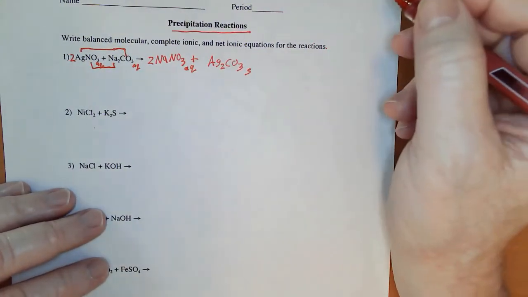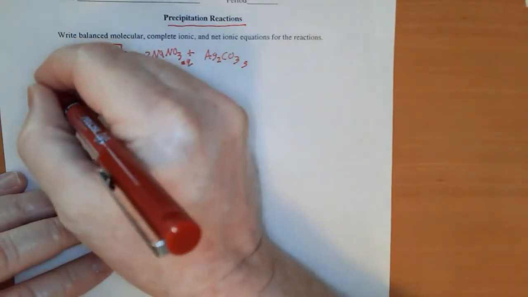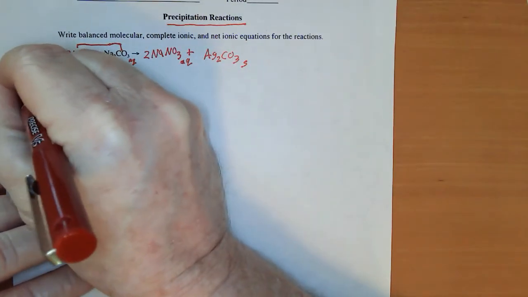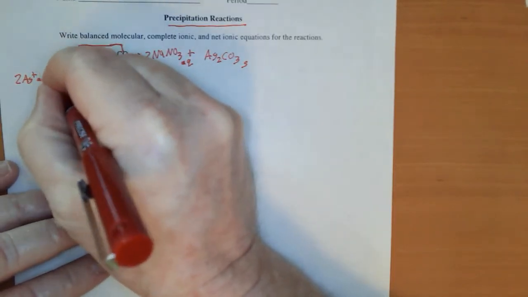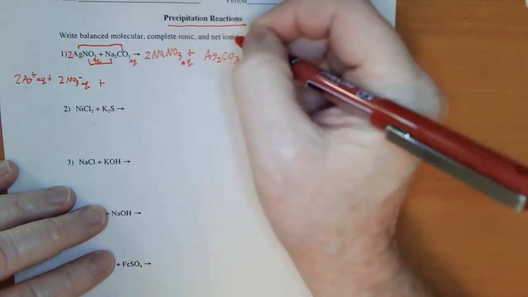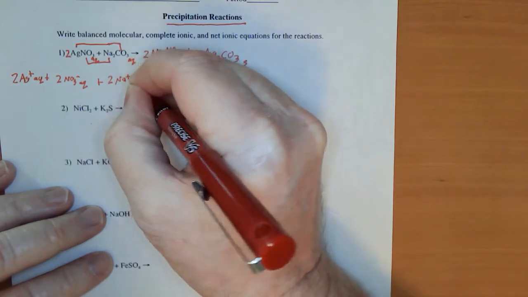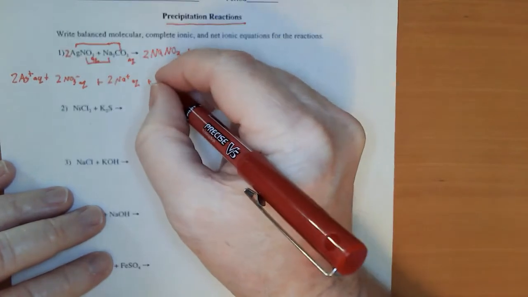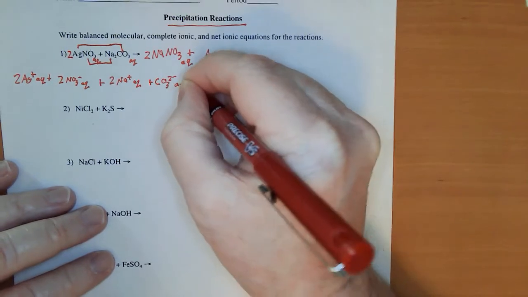Now anything that is aqueous can break apart in solution. So I'm going to have 2 Ag plus aqueous. I'm going to have 2 NO3 minus aqueous. I'm going to have 2 Na plus aqueous. And I'm going to have a CO3 2 minus aqueous.